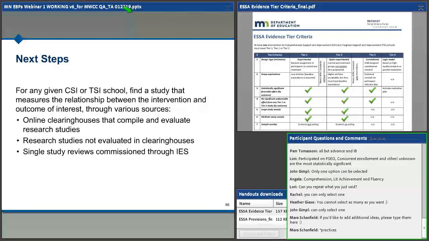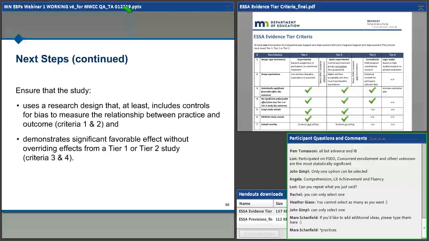Just to summarize, for any given CSI and TSI school, you need to find a study that describes the relationship between an intervention and outcome, either in an online clearinghouse, a separate research study, and sometimes you can have single study reviews done, commissioned through the IES, if you don't want to review an individual research study yourself.